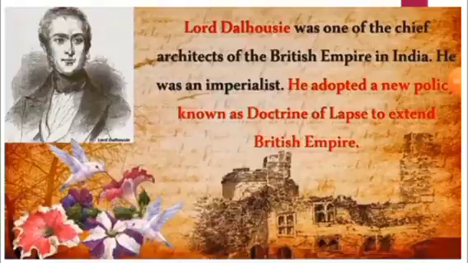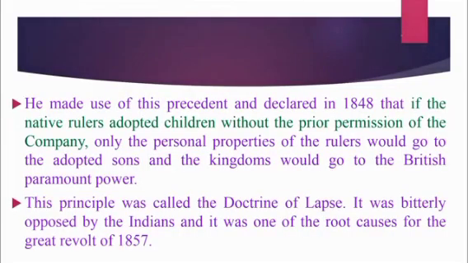He made use of this precedent and declared in 1848 that if the native rulers adopted children without the prior permission of the company, only the personal properties of the rulers would go to the adopted sons and the kingdoms would go to the British paramount power.